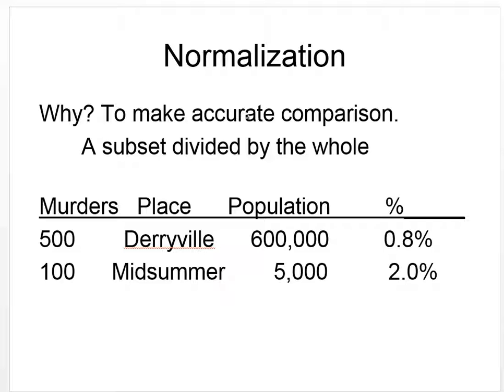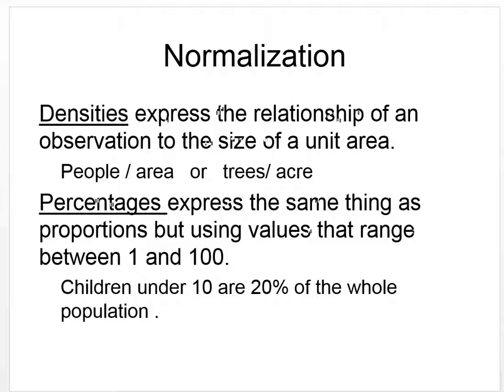But if I look at the population, actually, I don't ever want to go to Midsummer. Their murder percentage, 2%, is much higher than the town of Derryville. And that's called normalizing. I'm taking the population into account when I do the data analysis.